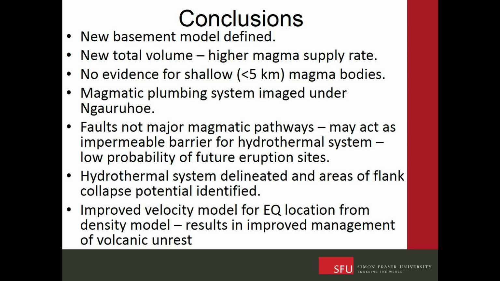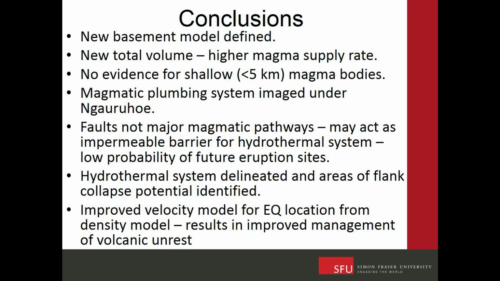And one of the interesting things we can do from our density model is convert it to seismic velocity. And we've got now a 250 by 250 grid of seismic velocity values that we could use for earthquake location in the shallow edifice of the cone.